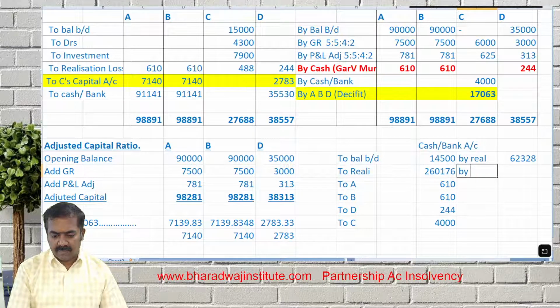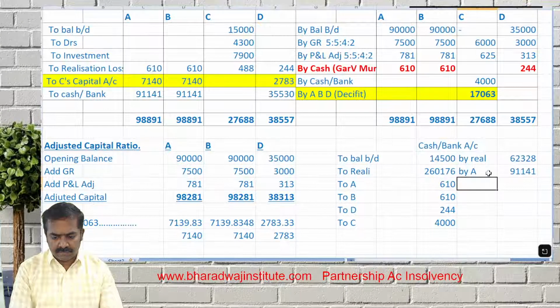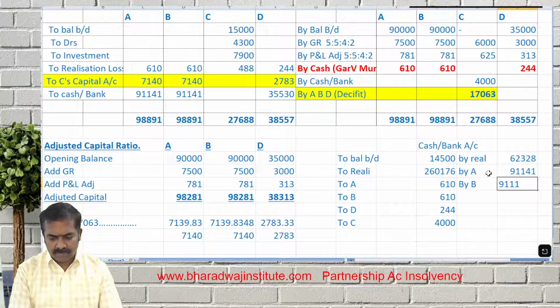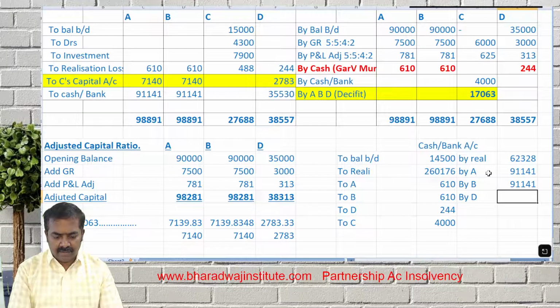Payment made. How much have we paid to A? By B. By D.